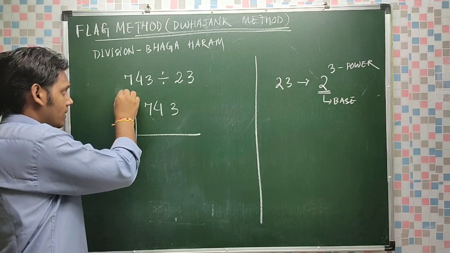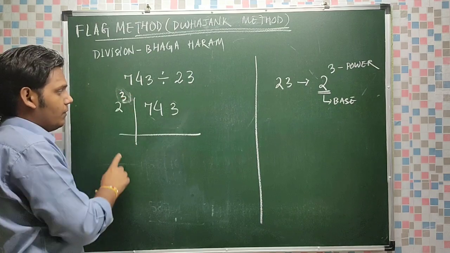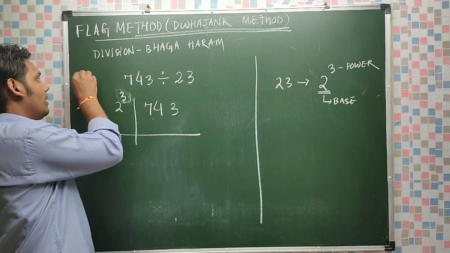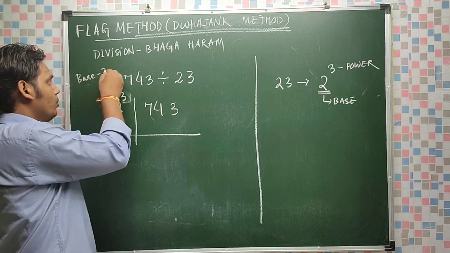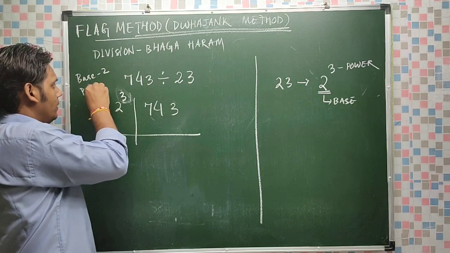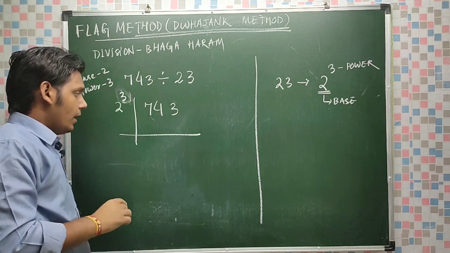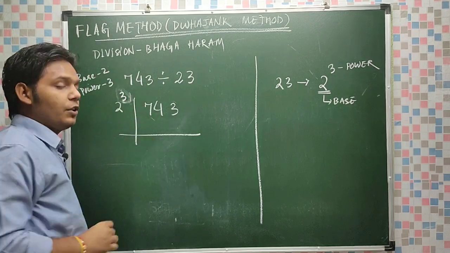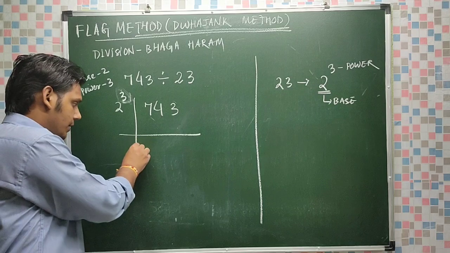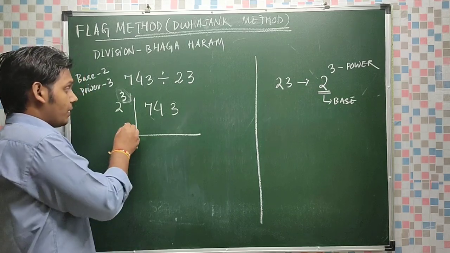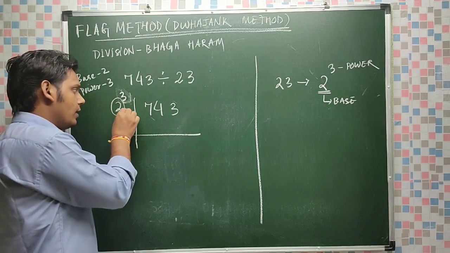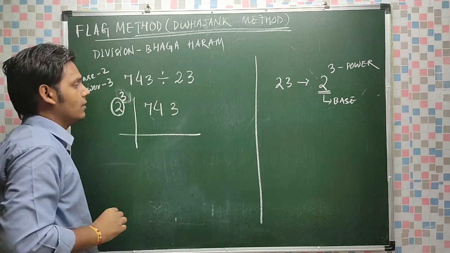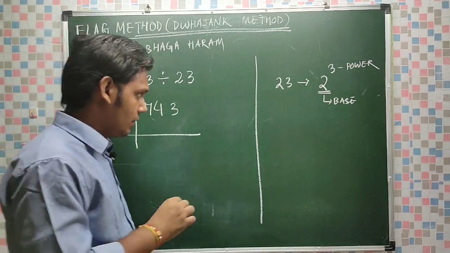So for this number, base is 2 and power is 3. And the remainder, quotient and the new dividend will change. Now what you have to do? You have to divide with this base. And one formula you have to use.